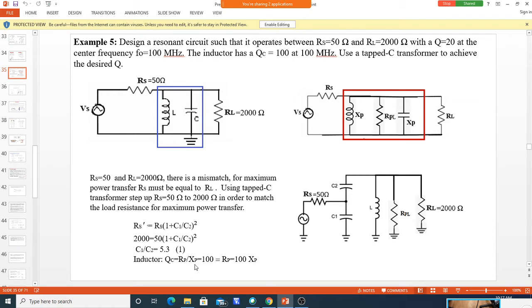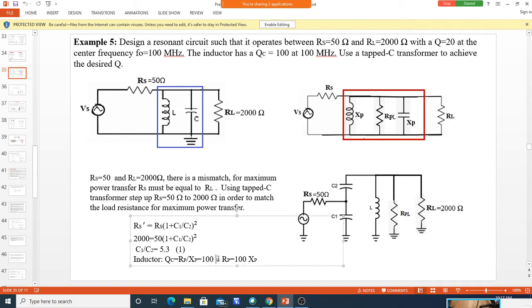The quality factor of the parallel combination is given by RPL divided by XP, which is equal to 100 here. So RP equals 100 times XP.